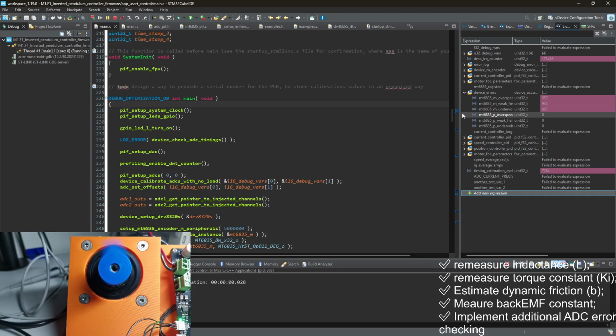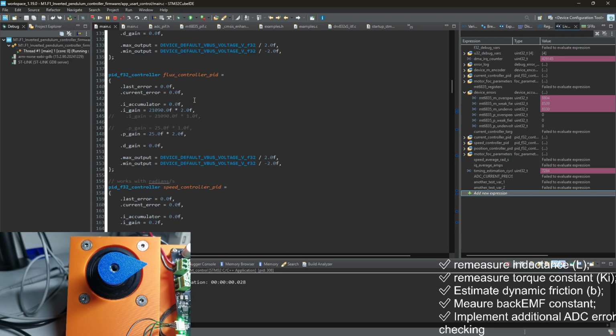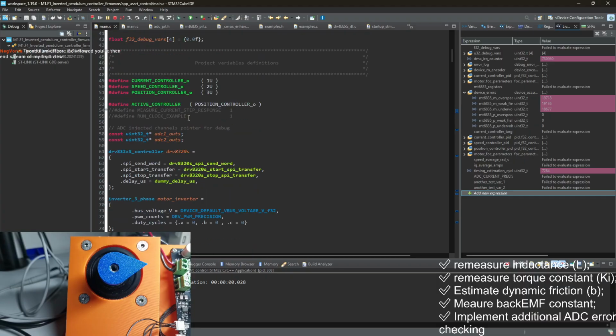We do. We still do have a lot of errors. Whatever, it works. But it's very noisy. Actually, I don't want to bother with this.